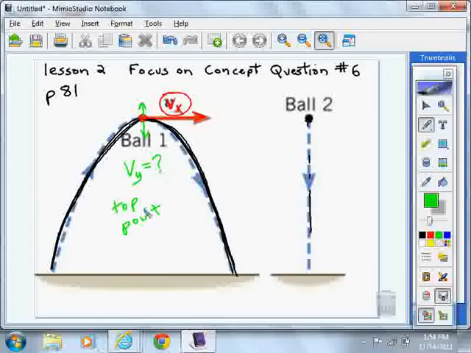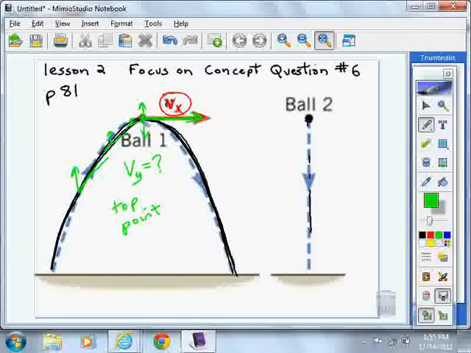Right at that top point, the ball is going to be going horizontally, yes? But vertically speaking, it's not going up or down. Here it sort of had an upward part. Here it had a smaller upward part. Here it had an even smaller upward part.